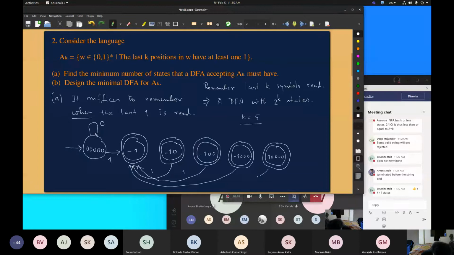These are all ones because the last symbol read is 1. If a 0 comes, here I will stay in the same state. Here 0, 0, 0, 0. And then if a 0 comes, I will come back here.